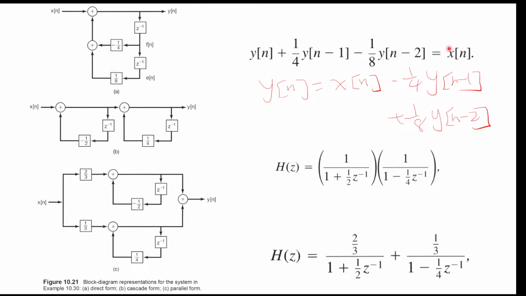Here is one difference equation that can be written in 3 different forms: direct form, cascade form, and parallel form. The idea is similar to the continuous time case. For direct form, you just write down and construct the equation; for cascade form, you factor the system function; and for parallel form, you do partial fraction expansion of the system function.